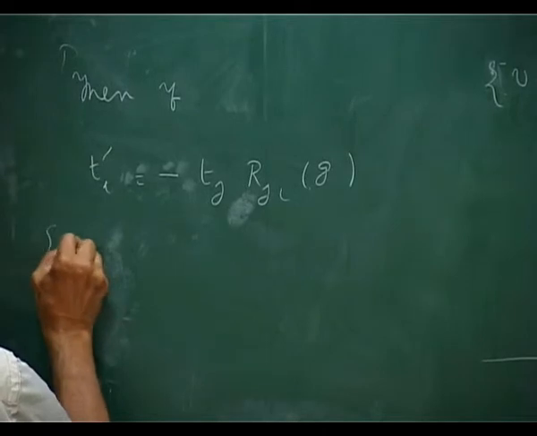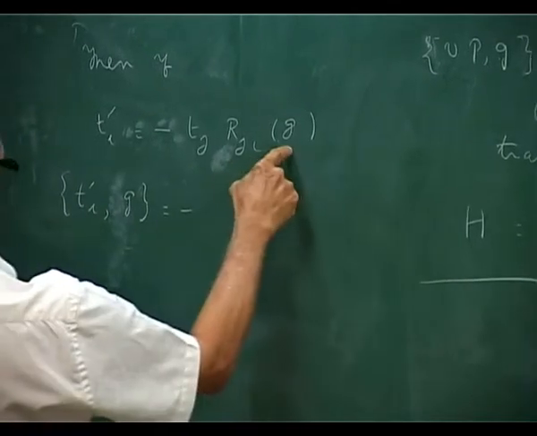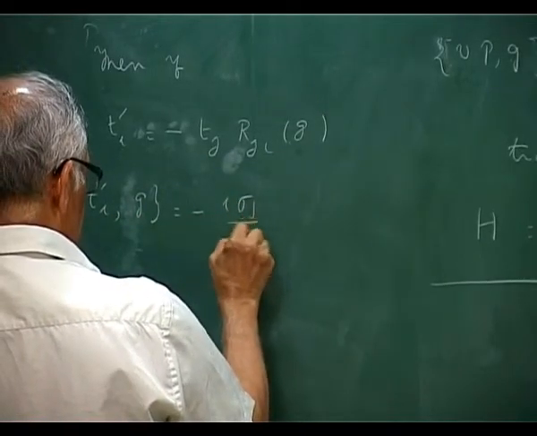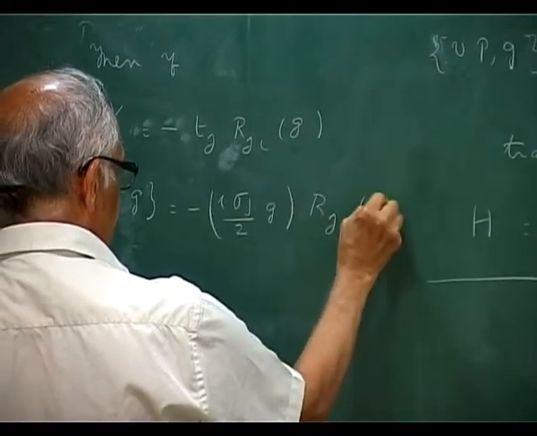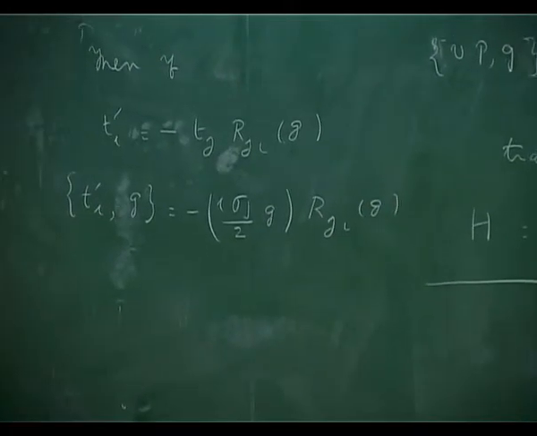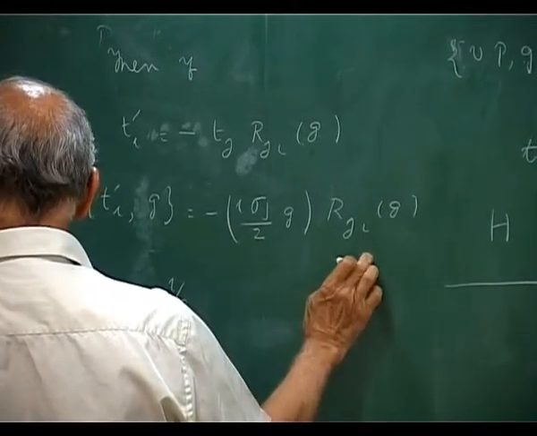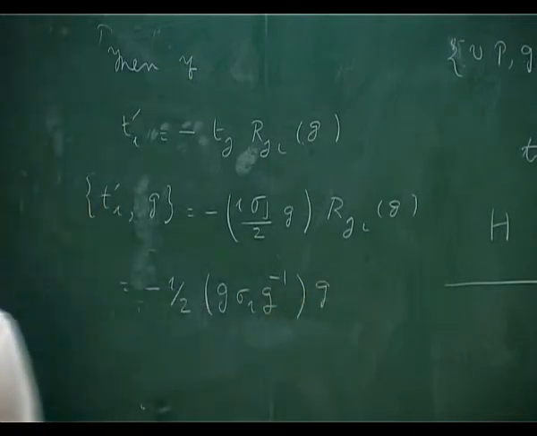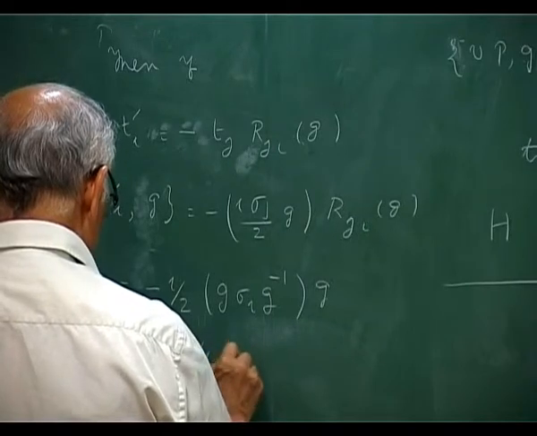The Poisson bracket of T prime i with G is minus, since G will of course commute with this, minus i sigma j over 2 G times R j i of G, which is equal to minus i over 2 sigma j R j i, which is G sigma i G inverse, then G. So this is minus G i sigma i over 2, just as I want.